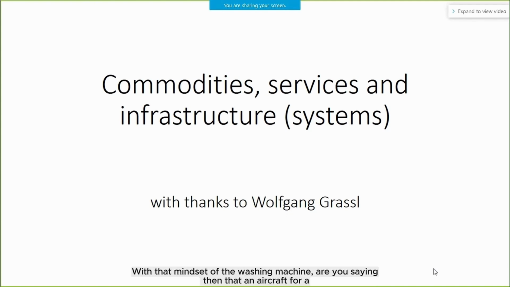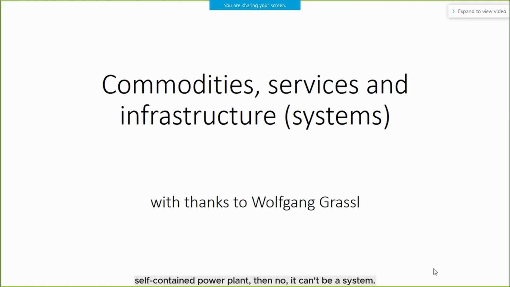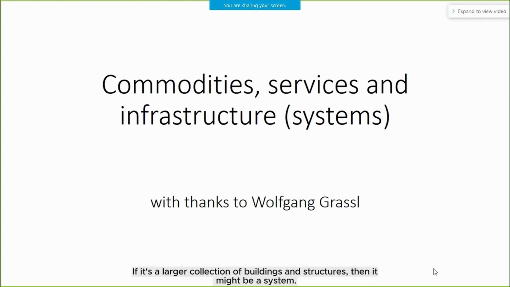With that mindset of the washing machine, are you saying then that an aircraft or a power plant is not a system? I would have to say that for the aircraft. The power plant is a bit, if it's a small self-contained power plant, then no, it can't be a system. If it's a larger collection of buildings and structures, then it might be a system.